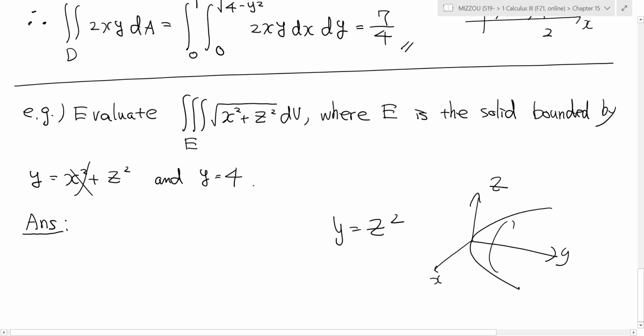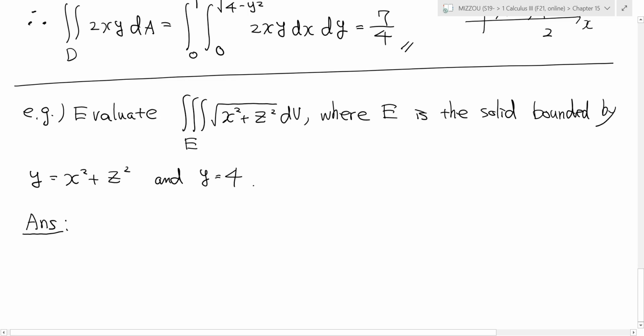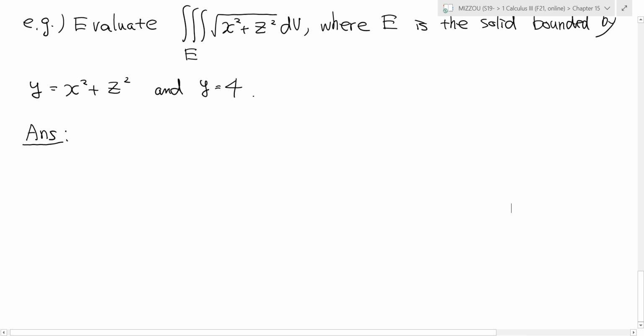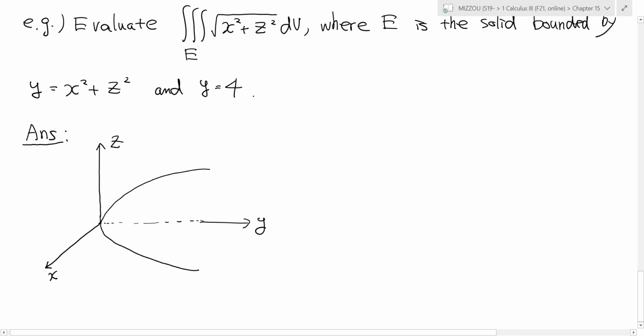So it's a rotated parabola around the y-axis. Rotated parabola.